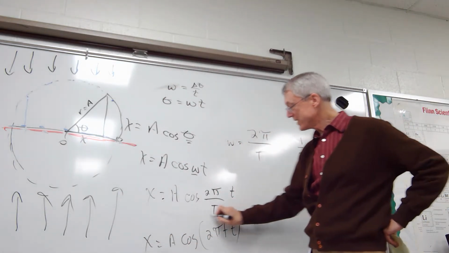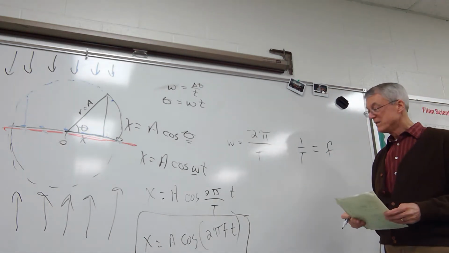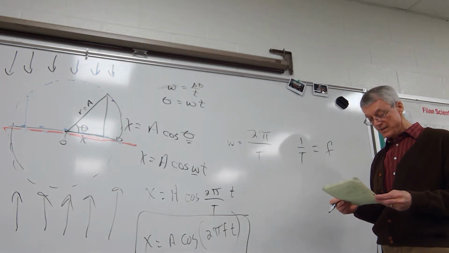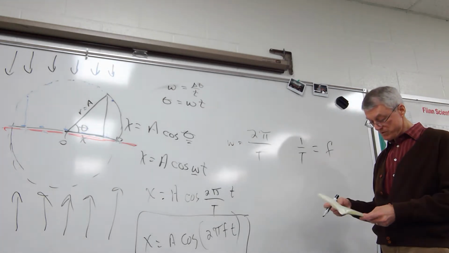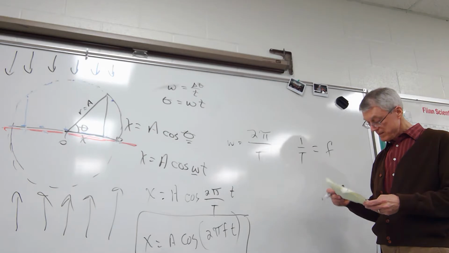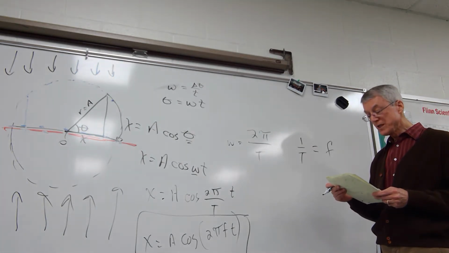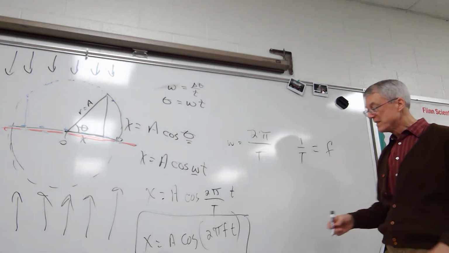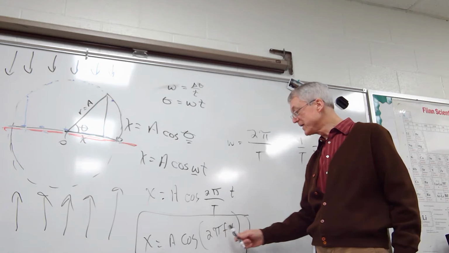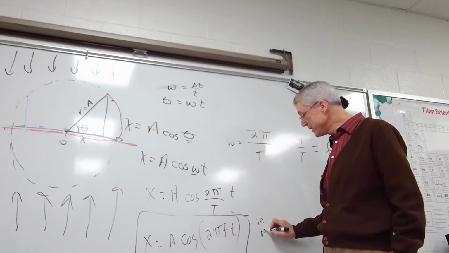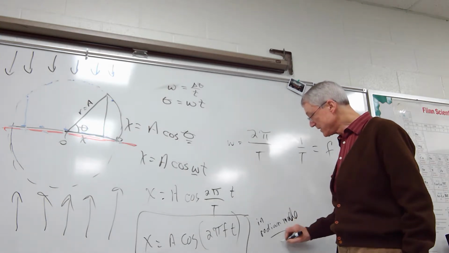In fact, this equation right here, I think, I'm going to check that now, is on the equation sheet of your HE Physics 1 equation sheet, and somewhere on here I probably have it. x equals A cosine 2 pi ft, yes. Now make sure you calculate the 2 pi ft all together and then take the cosine of that, and you need to be in radian mode for any of this to work, okay?